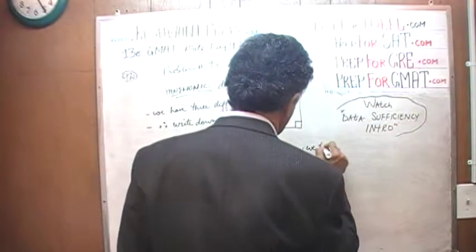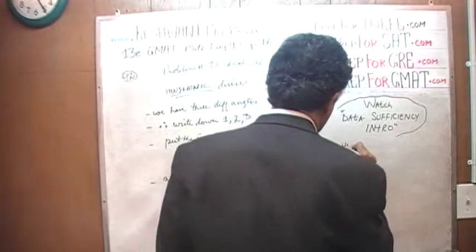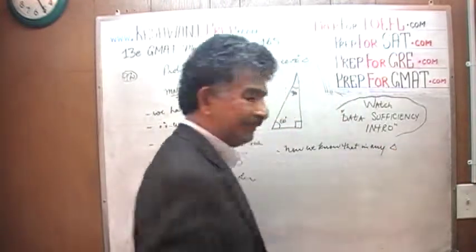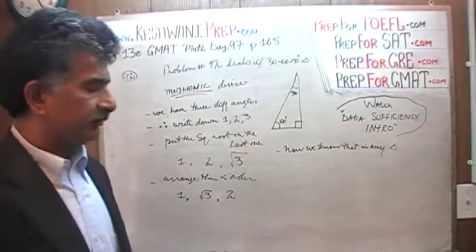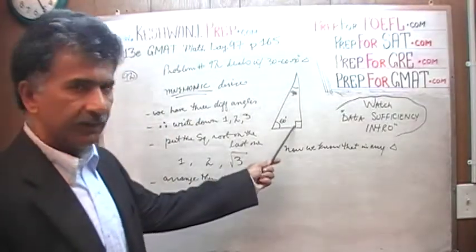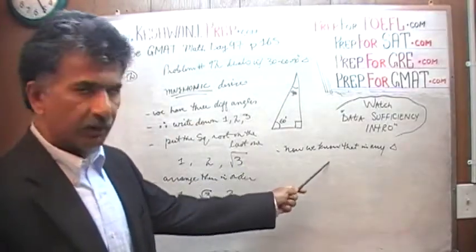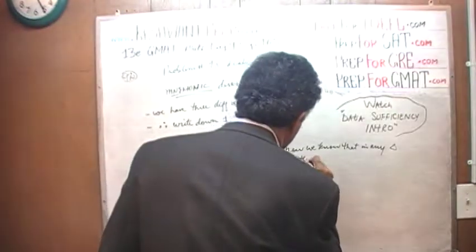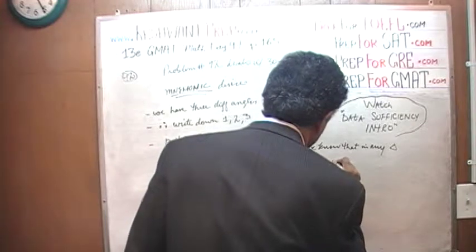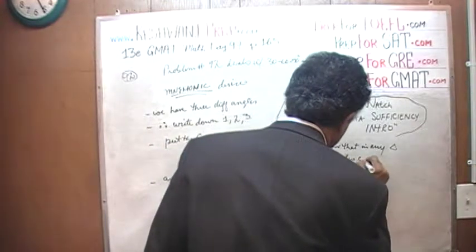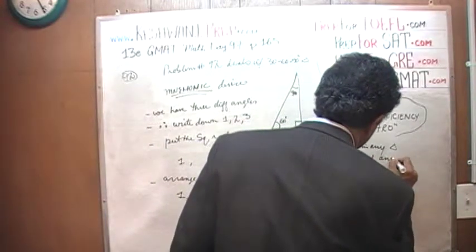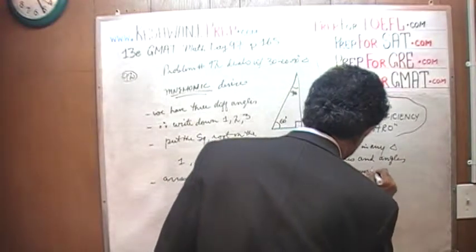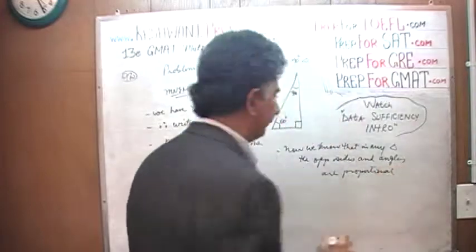Now we know that in any triangle, it doesn't matter what kind of triangle it is. Here it happens to be a 90-degree triangle, but what we are about to say applies to any triangle. In any triangle, the opposite sides and angles are proportional.